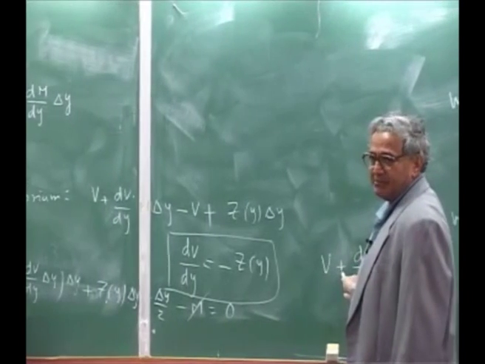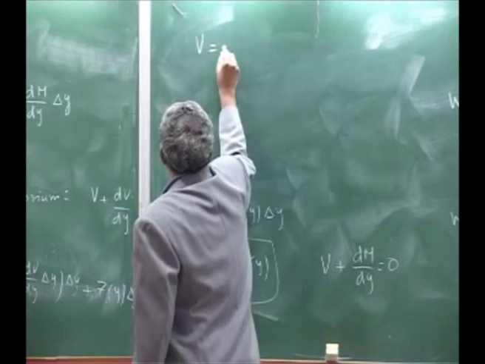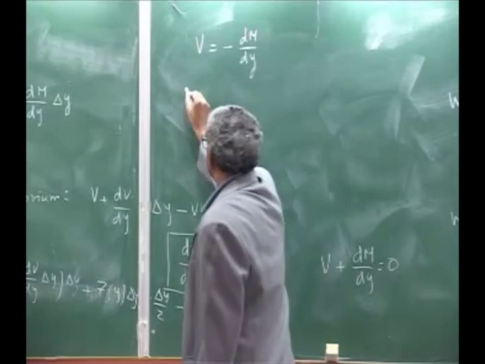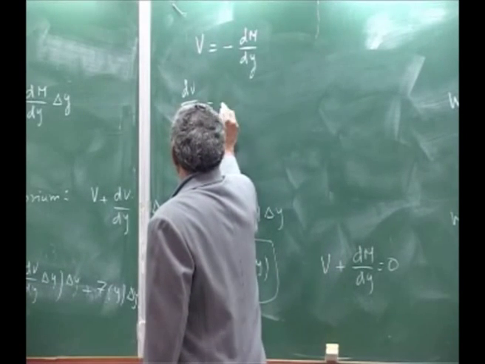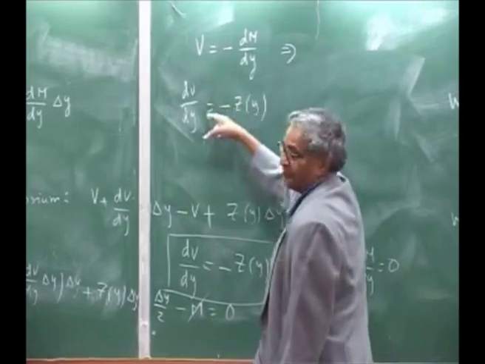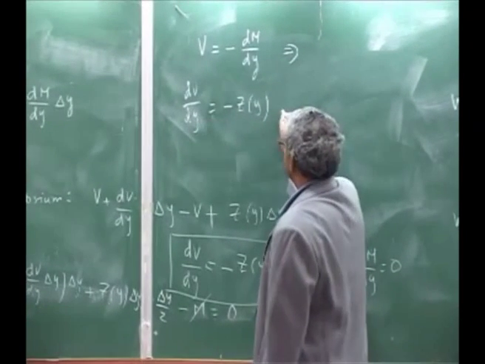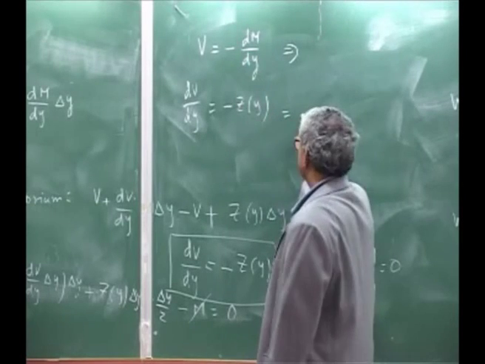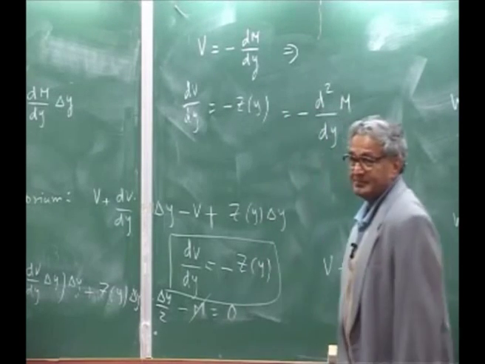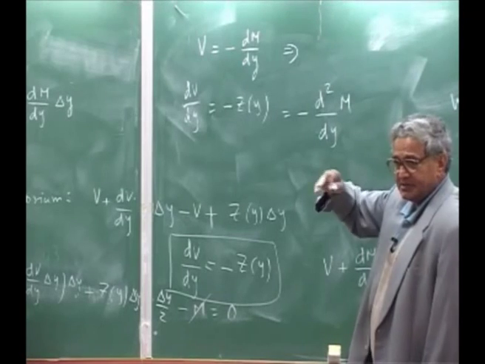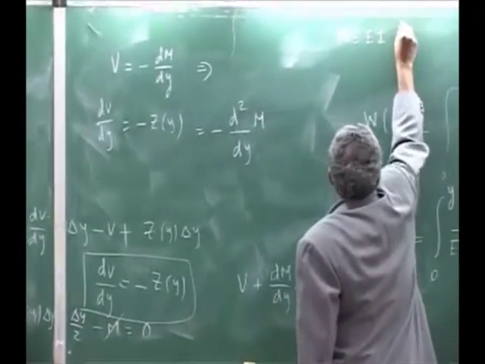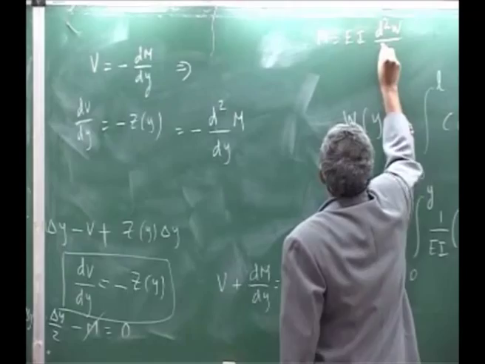V equals minus dM by dy. So you say shear force is minus dM by dy. But you know dV by dy is Z. You differentiate this once. That will become dV by dy becomes minus d square over dy square of M. But you know moment, based on elementary theory, moment is EI d square W over dy square.